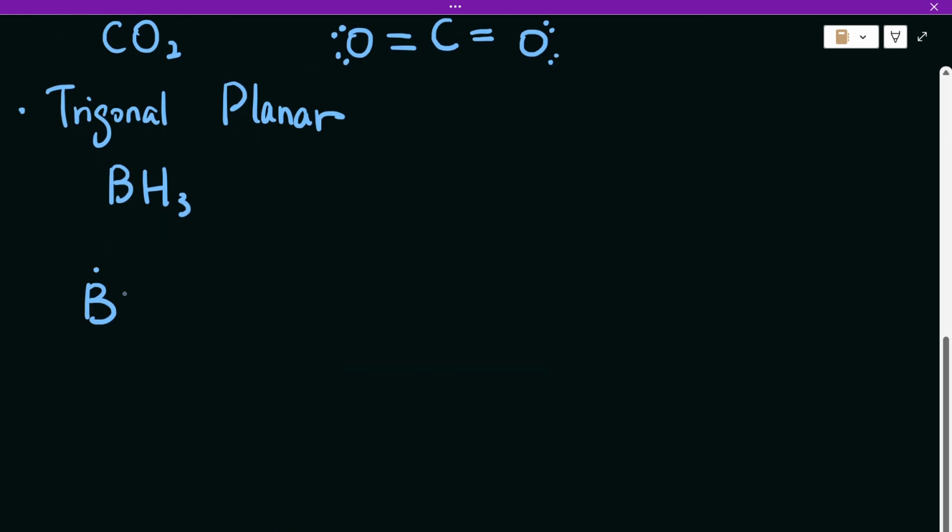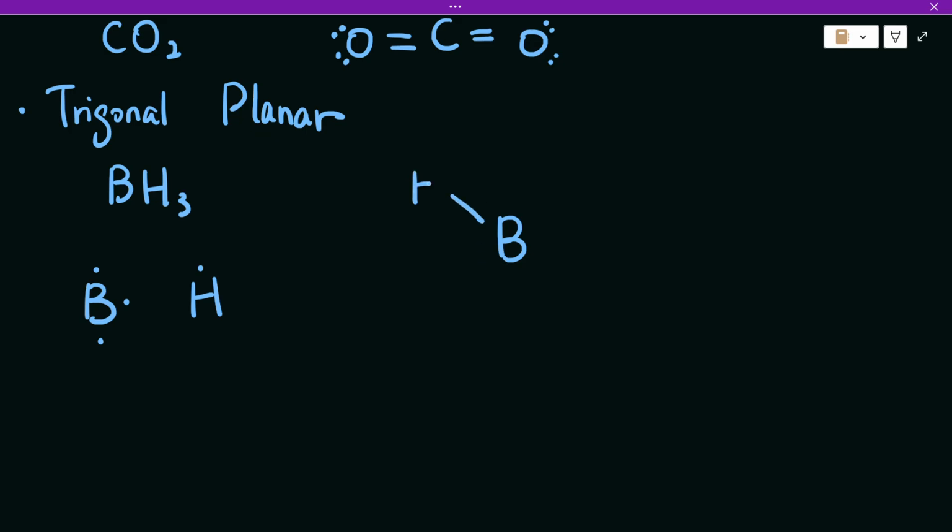And for each hydrogen, they only have 1 valence electron. So the boron will be placed in the middle as the central atom, and the 3 hydrogen atoms will be placed around the boron atom, forming a triangular shape like this.